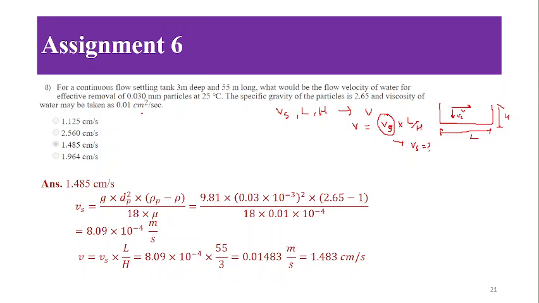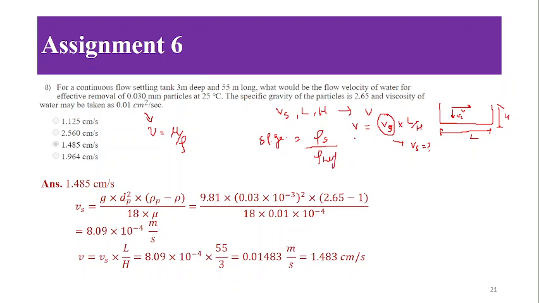So this is basically kinematic viscosity, which is mu by rho. So we are given here mu by rho basically, but we are given here specific gravity. So specific gravity is basically the rho of some solid upon the rho of the reference.